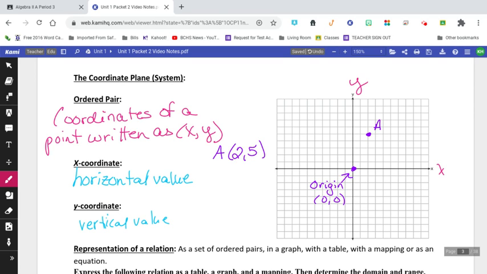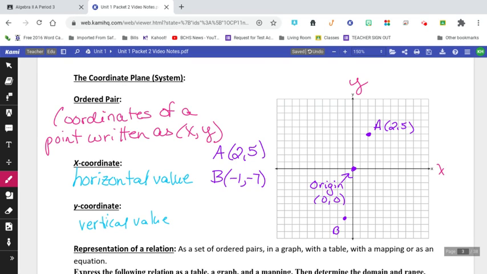And that would be point A. Okay. Let's say we had point B, which is (-1, -7). So this would mean left 1 and then down 7. Right here.